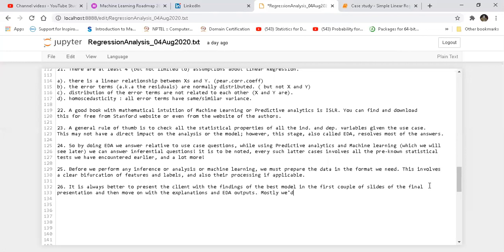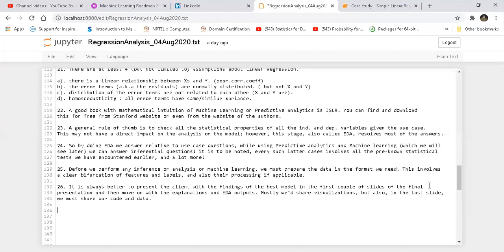Mostly we would share visualizations, but also in the last slide, we must share our code and data.